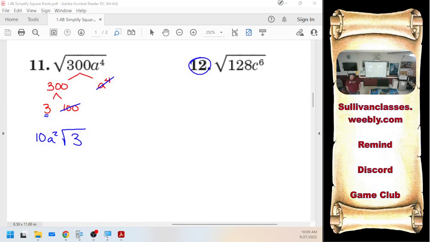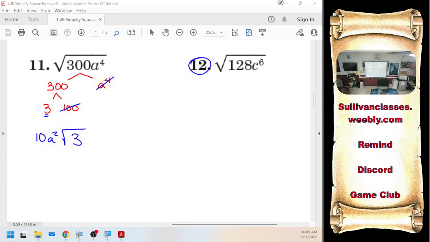Y'all, basic divisibility rules. If it ends in a 0, 2, 4, 6, or 8, it's an even number, so what has to go into it? Even numbers are divisible by 2. If it ends in a 0, 2, 4, 6, or 8, you know it's divisible by 2.